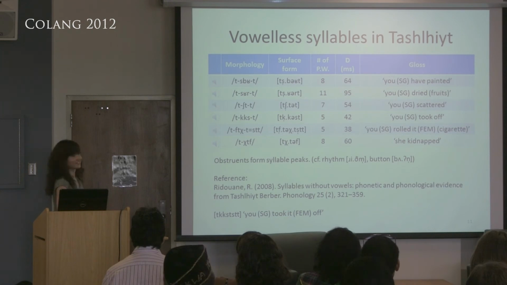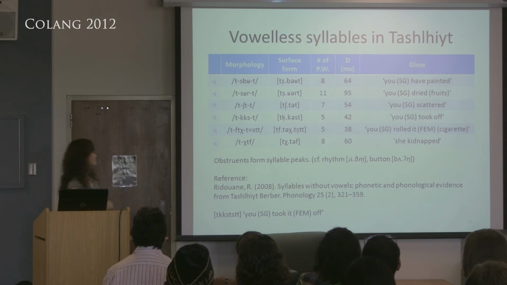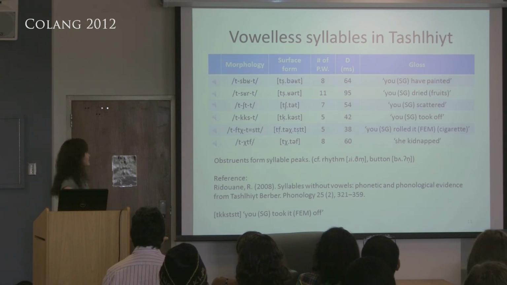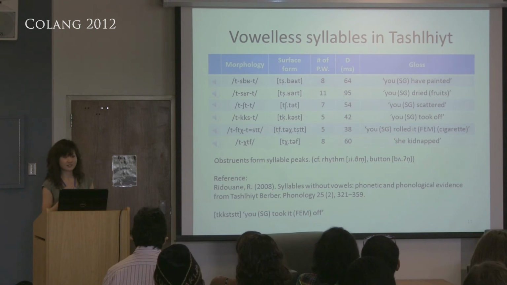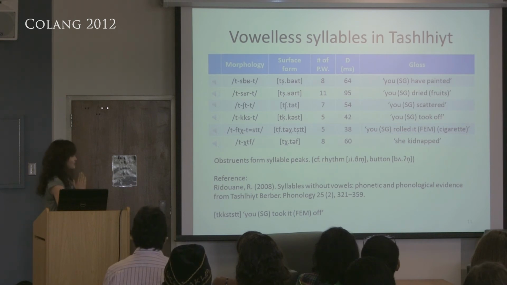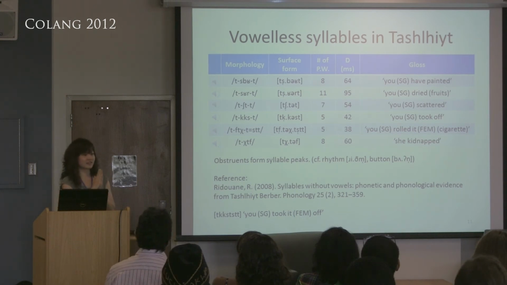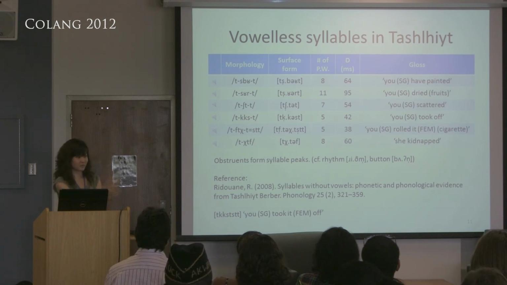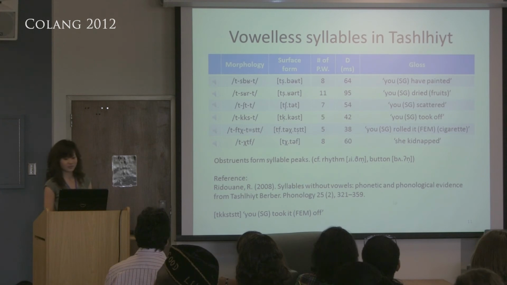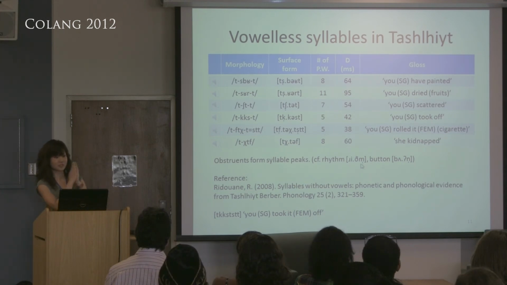And this part of the phonology, phonetics, is the most exciting part for me. Tashlhit is the variety that belongs to Absama. Usually vowels are the segments that form the syllable peak. And it's not uncommon, like in English, for sonorant consonant sounds to form a syllable peak.